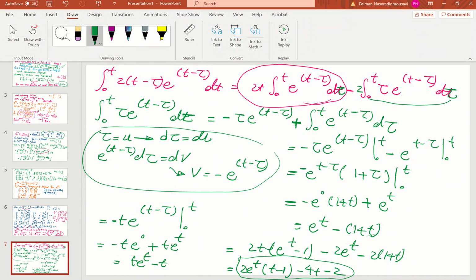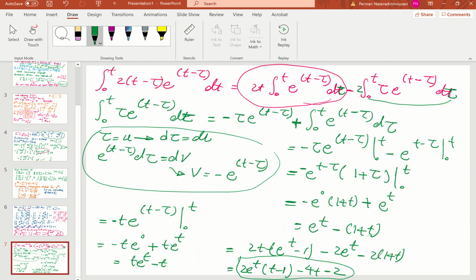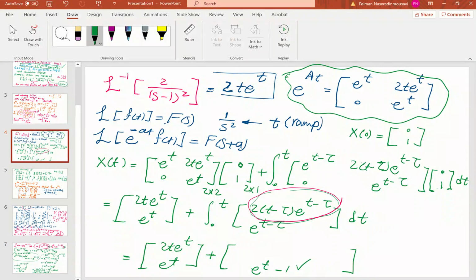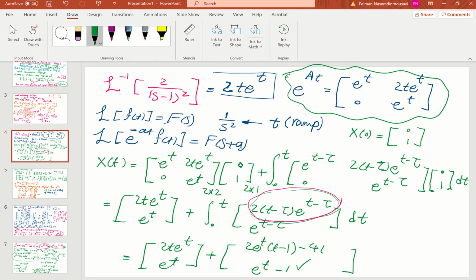Here. T minus 1. T minus 1 minus 2t. So the result is this finally. Result is 2 e^t times (t minus 1) minus 4t minus 2t minus 4t minus 2.